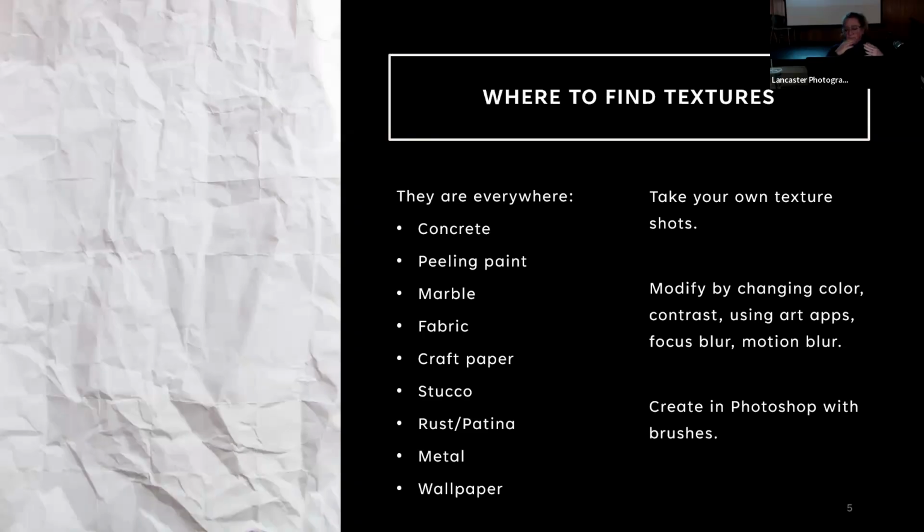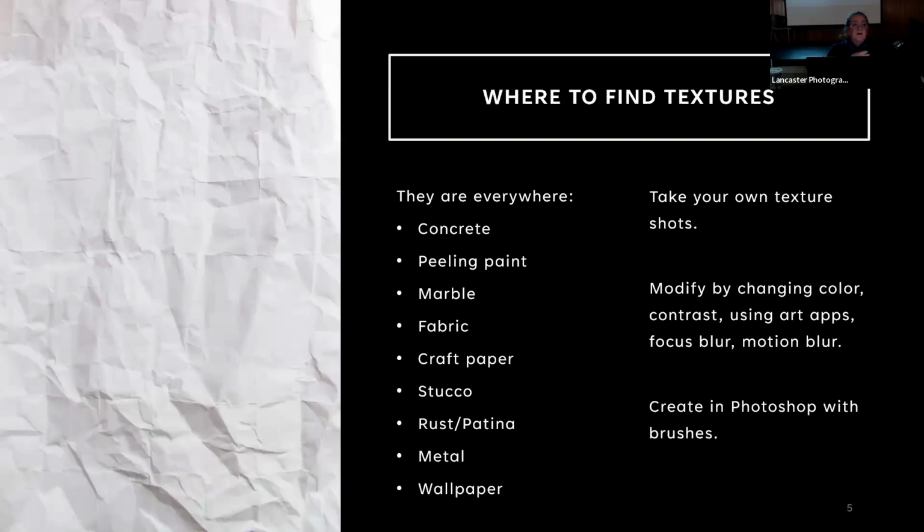And so it's just a good habit to get into when you go somewhere. Just grab a few textures. It's super easy and very useful when you want to go into using them.